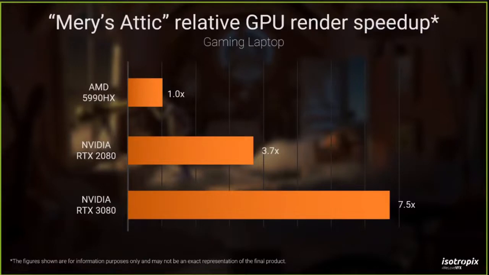But if we look at the gaming laptop running on an RTX 2080, it's almost 4 times faster on the GPU, and on the latest NVIDIA 3080, it's 7.5 times faster. So that's just crazy to see how much speed you can get on a gaming laptop compared to the CPU.